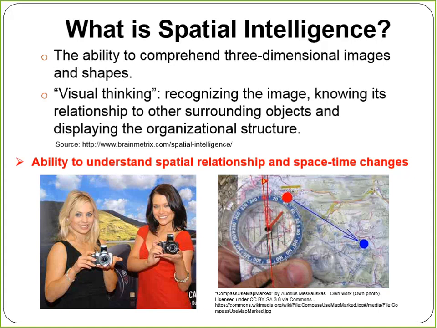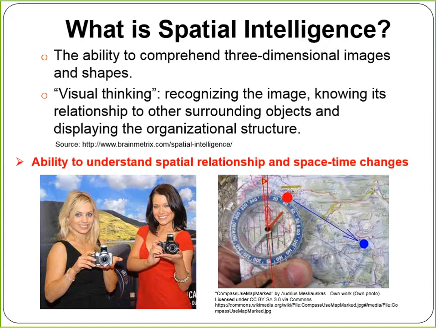With the map, you can find the relationship between different objects. With the compass, you can find where you are now, where you are going, the direction, and how you can find the path. That technology helps you find the location and the relationship.